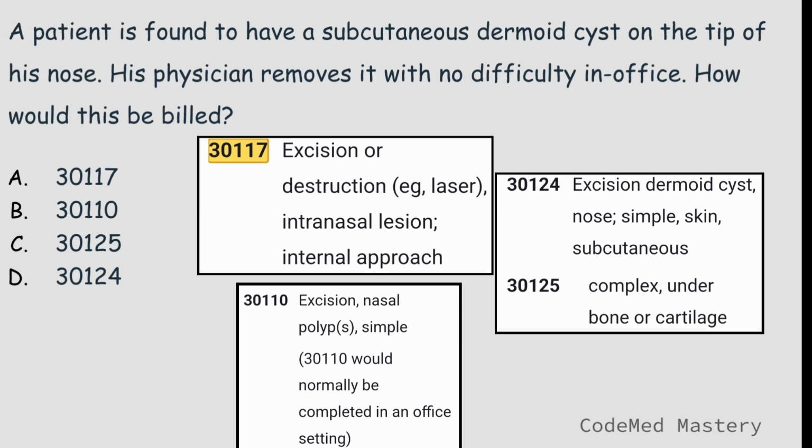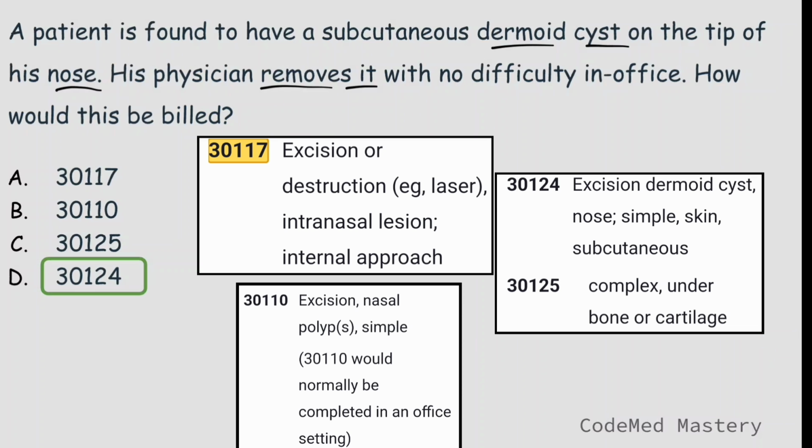So which among these is the right answer? The right answer is option D 30124. Why? Because the code 30124 refers to excision of dermoid cyst. In the scenario, they have mentioned dermoid cyst and the physician removes it. So, it is excision of dermoid cyst and it is a simple procedure because it is on the tip of his nose and the physician removes it with no difficulty.